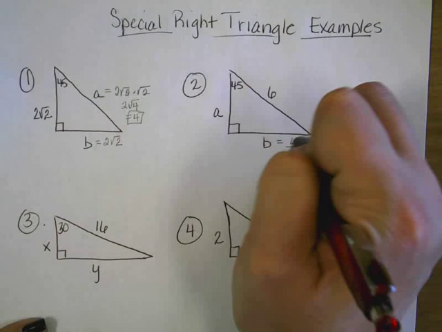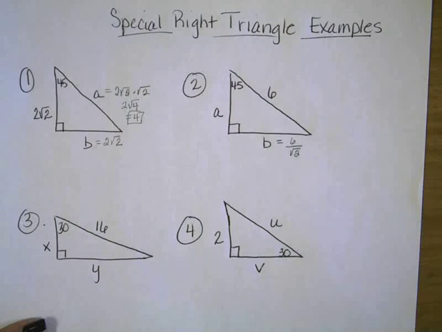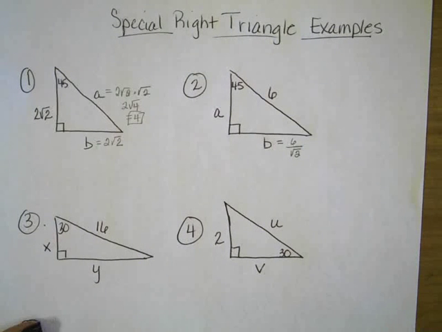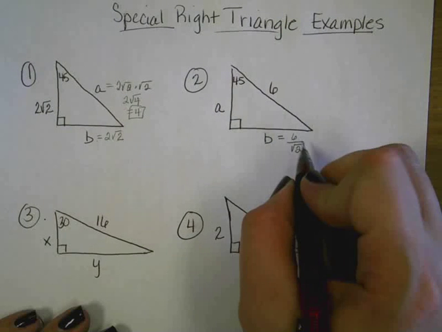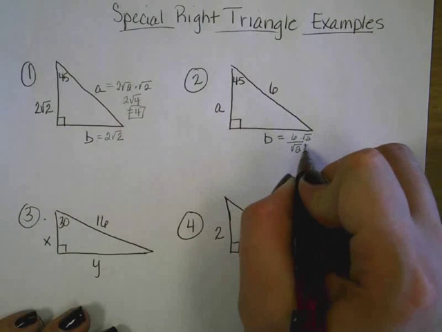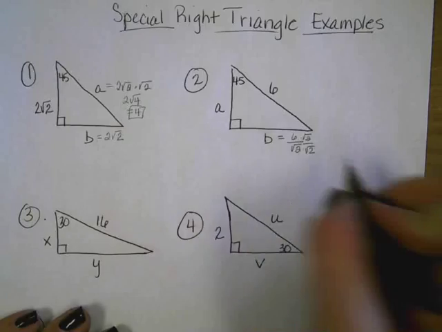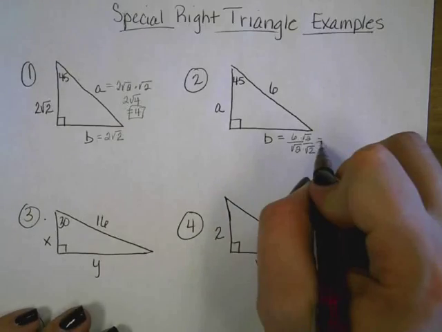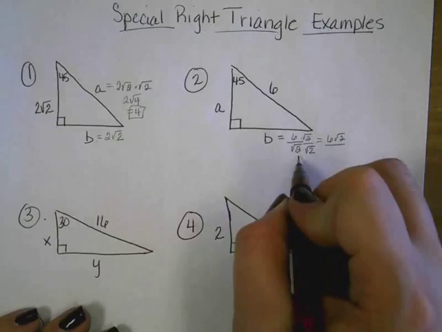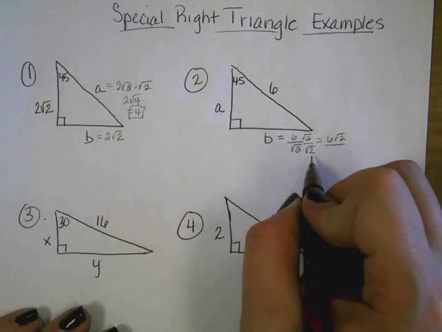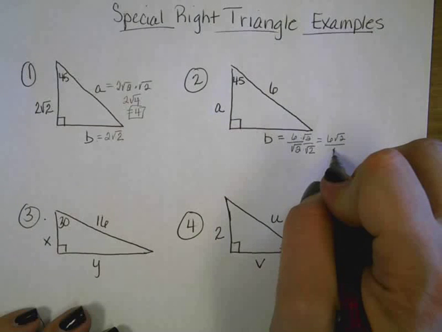So we're going to do 6 divided by square root of 2. But if you remember from previous math courses, we never leave square roots in the bottom, so we rationalize. In other words, we multiply the top and bottom by root 2. At the top, we end up with 6 root 2. On the bottom, square root of 2 times the square root of 2 is just 2.